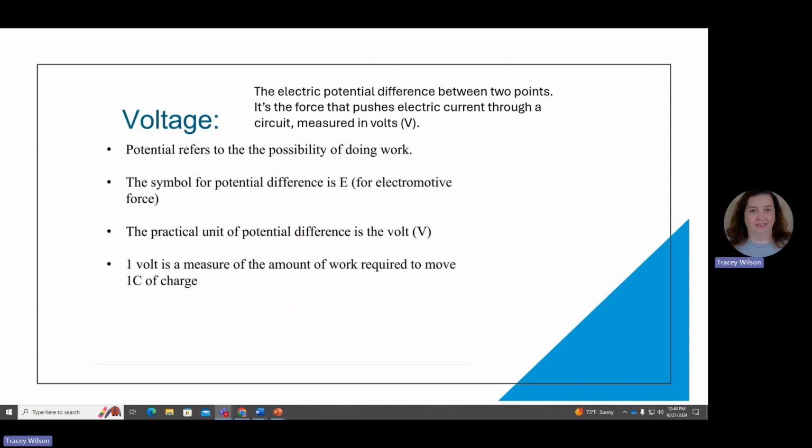It has a very formal definition, which you can see up here. It's the electric potential difference between 2 points. It's the force that pushes electric current through a circuit, measured in volts. It's how strong it is. How much power, how much electricity is going through that line at that time.